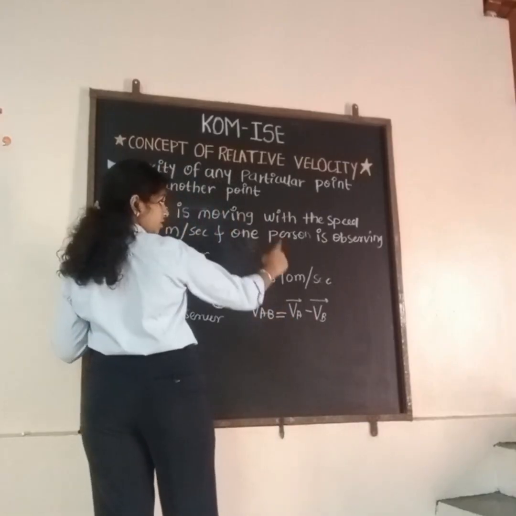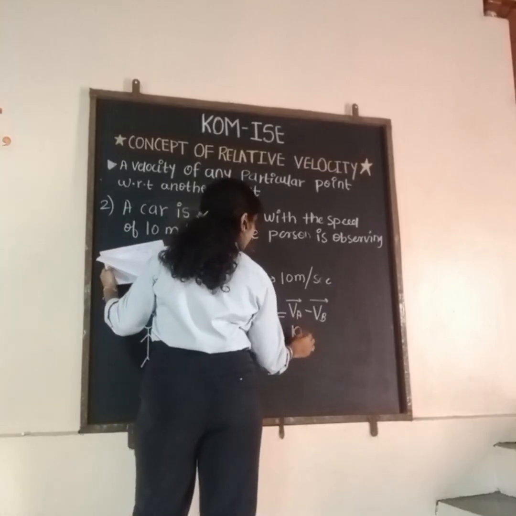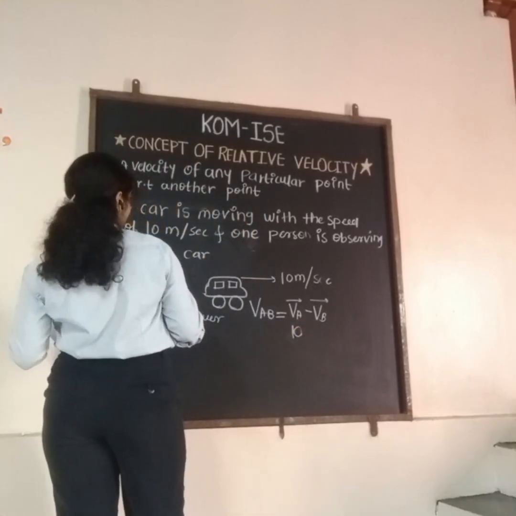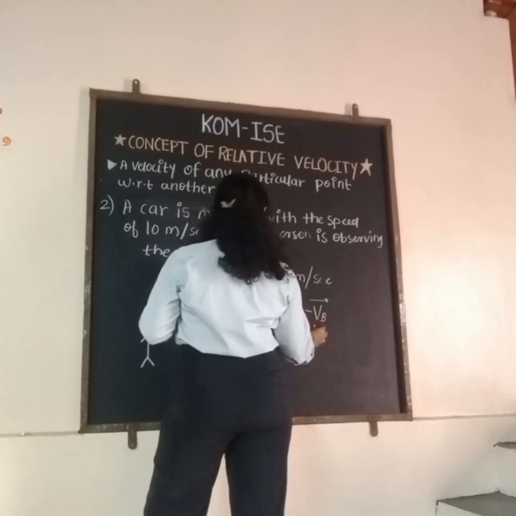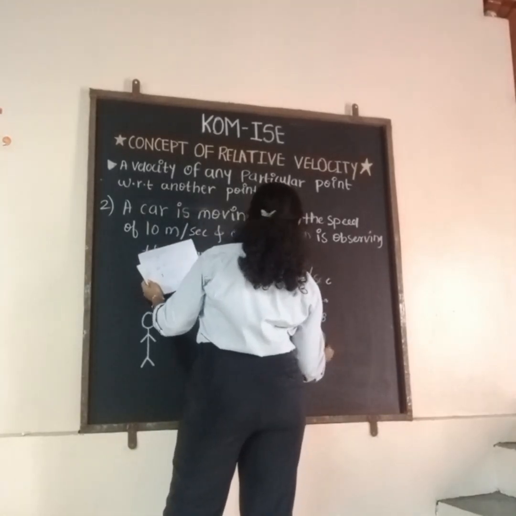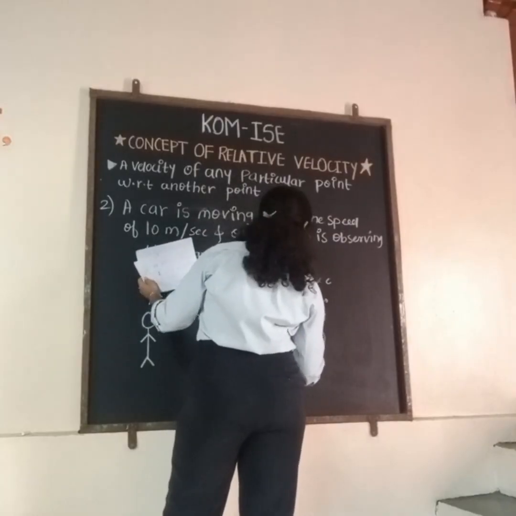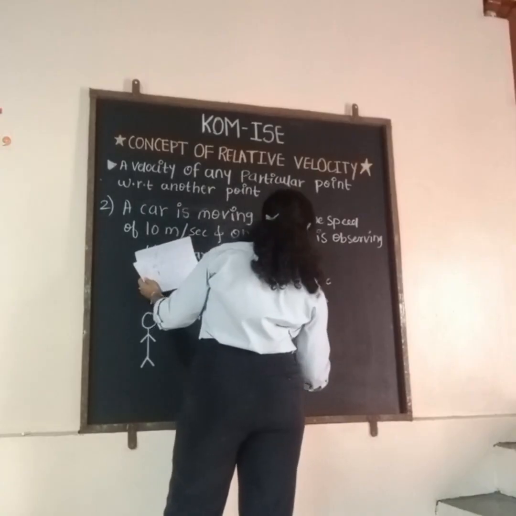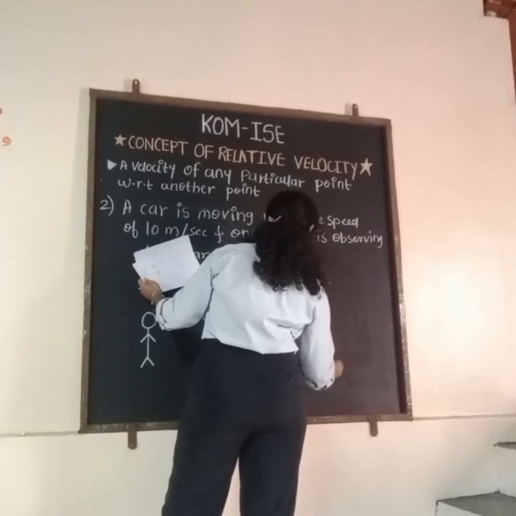So our VA is 10. The person is standing, so he is steady. So his velocity will be 0. So the relative velocity between these two will be 10 meters per second.